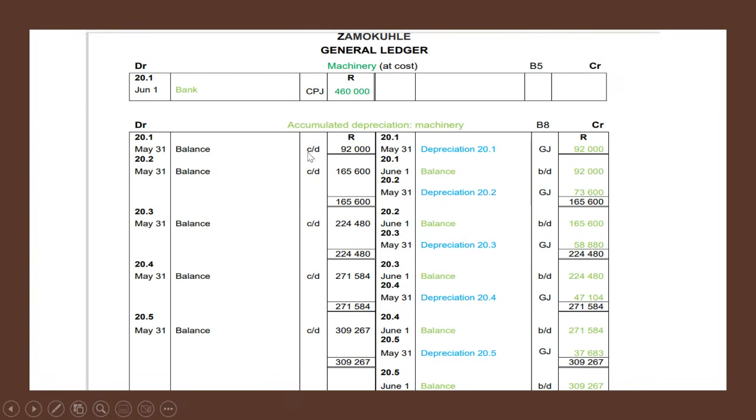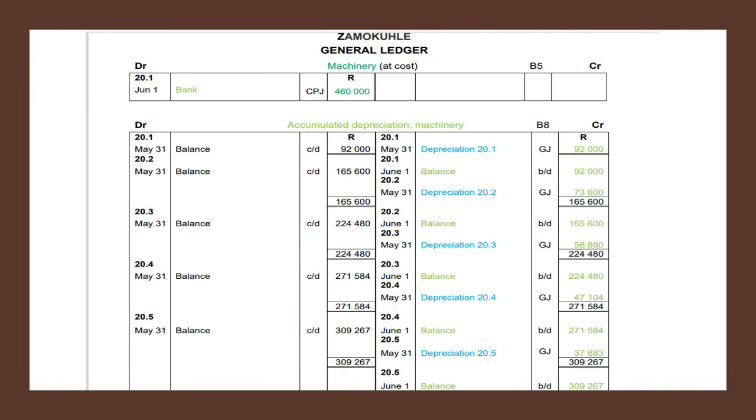You will notice that when we were using the straight line method, the depreciation was 92, 92, 92, 92 until the end of year 5. But here it's not. It starts with 92,000 rand. Then we have another depreciation of 73,600. And then we have 58,880. We have 47,104. We have 37,683.